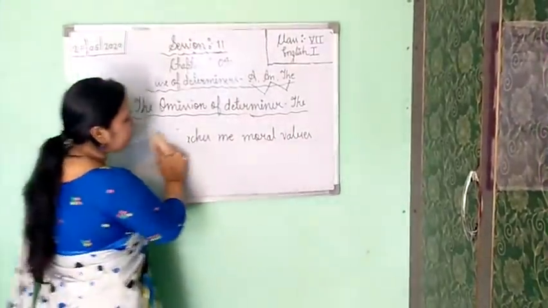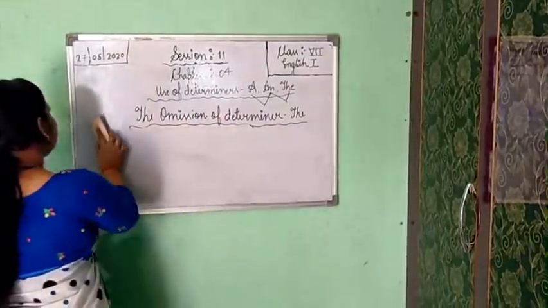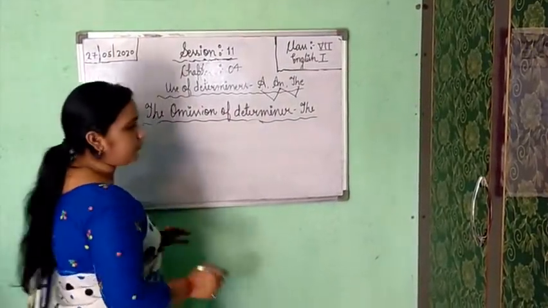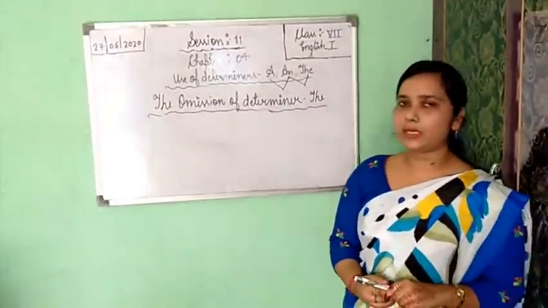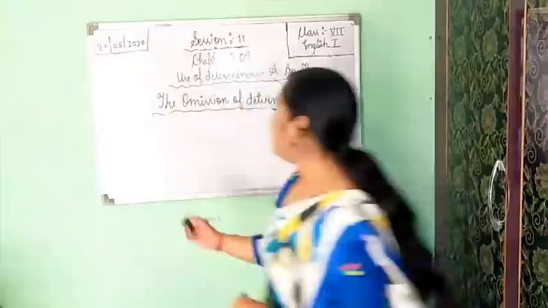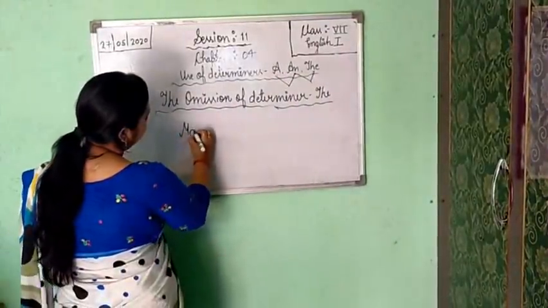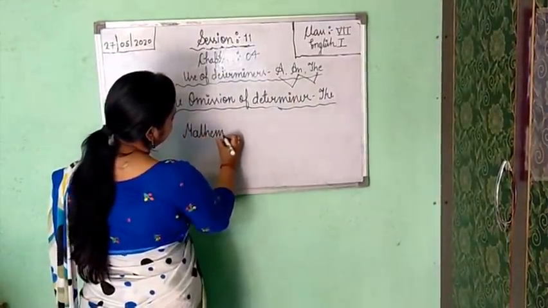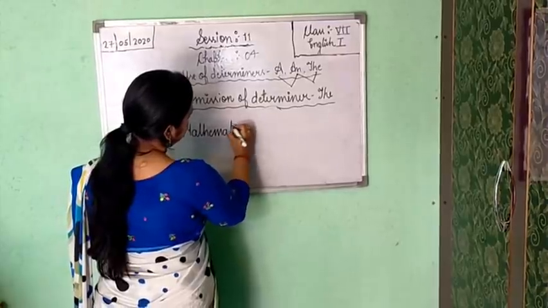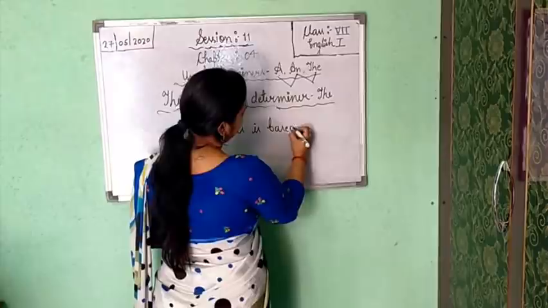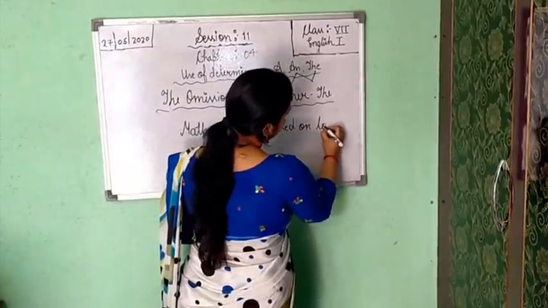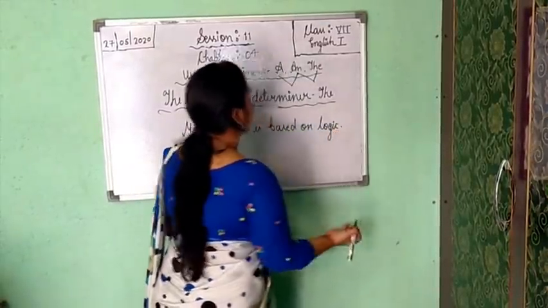Now if you are getting the name of any subject of study, then before the name of any subject you will not apply the. For example, mathematics is based on logic.